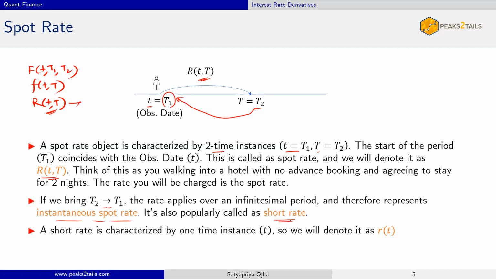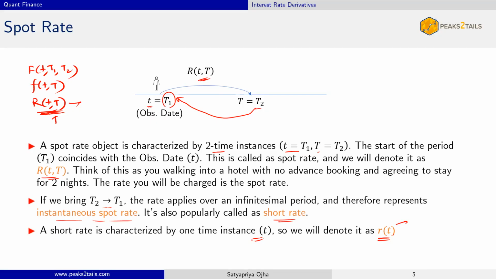Instantaneous spot rate. The spot rate itself had only 2 time instances, and when you bring capital T close to t, essentially you only need 1 time instance, t. We denote it as small r(t). Pretty much every book uses this notation for the short rate.